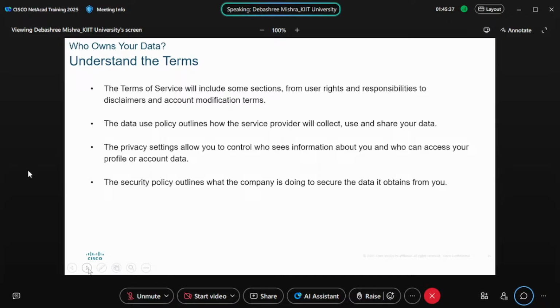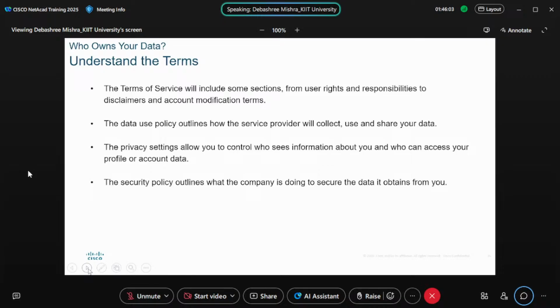Okay, so in this case, what will happen? The service provider which provides this kind of service will collect and use the information that you will be sharing. The privacy settings also allow you to control who the user is that can see particular information or data, who can access your information or data or the profile or the account.